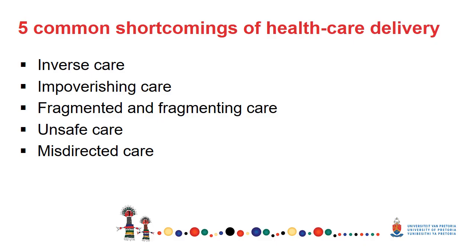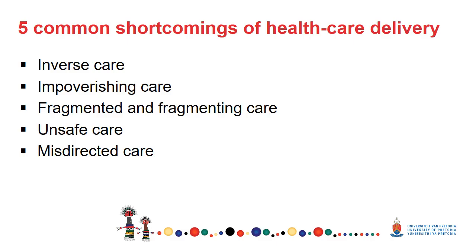Unsafe care. One of the key issues that have come out of South Africa over the last couple of years was the issue around quality of healthcare, as we've been seeing reports from the Office of Health Standards Compliance, and also supported by the issues around how South Africa has been struggling with medico-legal litigation as a result of unsafe care.